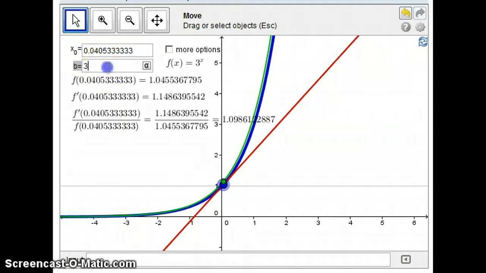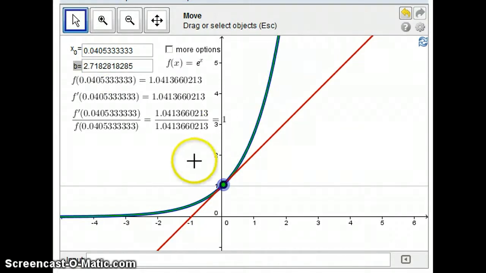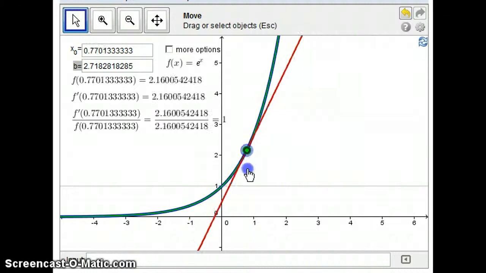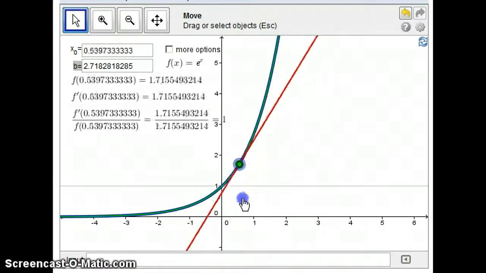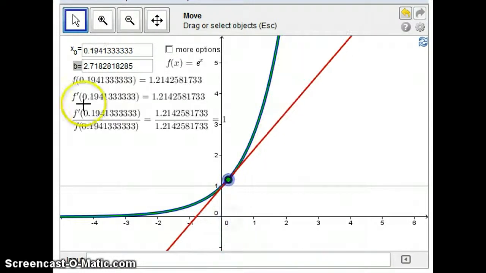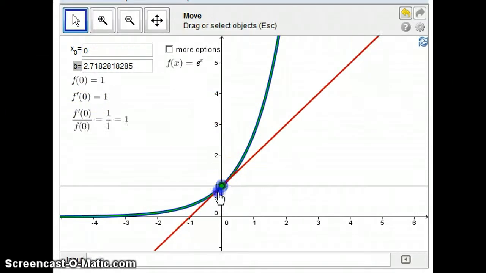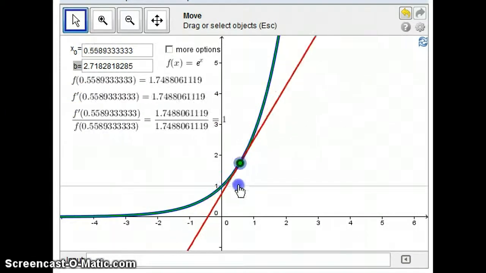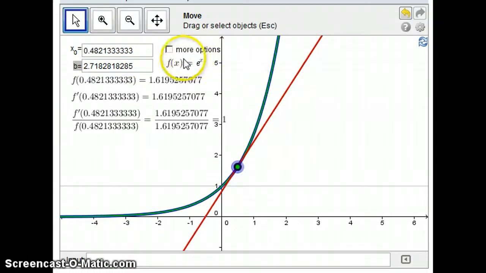So what happens when I have e to the x instead? You notice how, no matter what x, the ratio between the derivative and the function is always 1. So that's what it means that the derivative of e to the x is exactly e to the x.